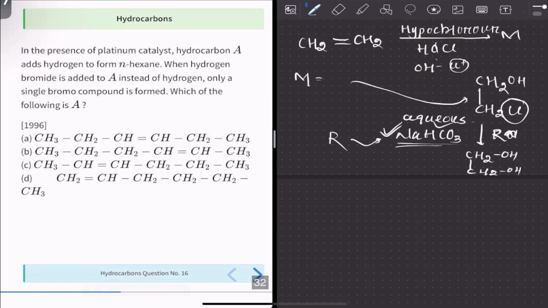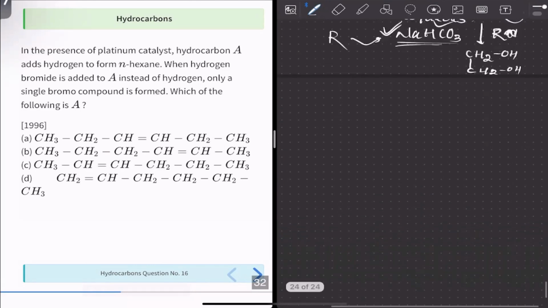Question number 16. In the presence of platinum catalyst, hydrocarbon A adds hydrogen to form n-hexane. When hydrogen bromide is added to A instead of hydrogen, only a single bromo compound is formed. Which of the following is A? Okay, let's find out.